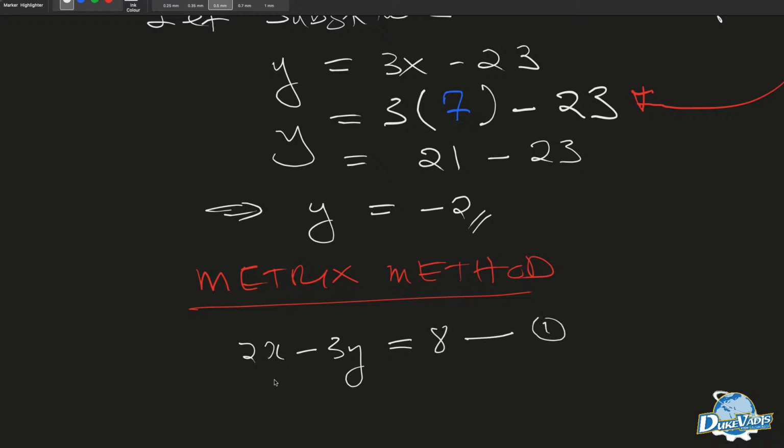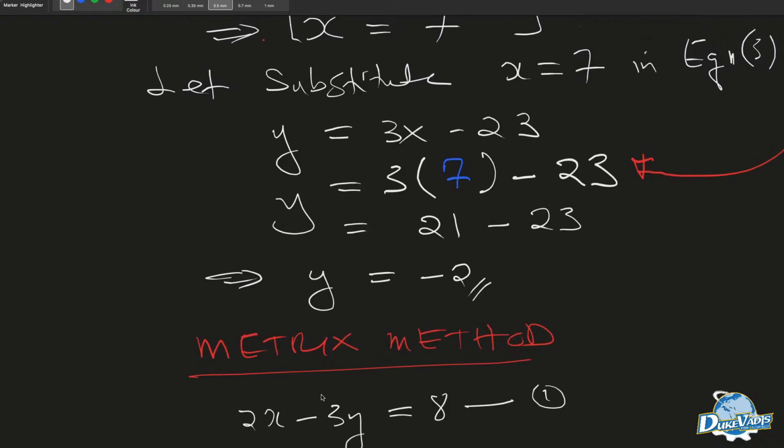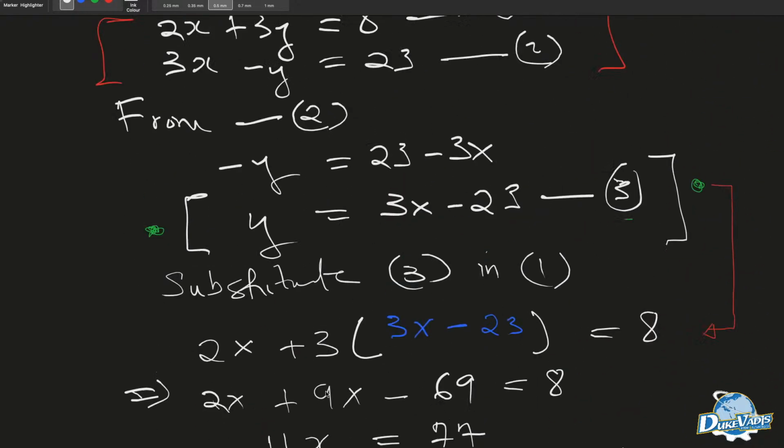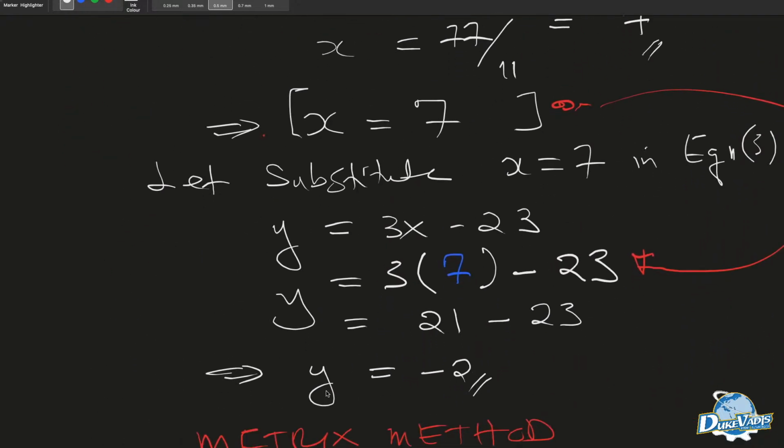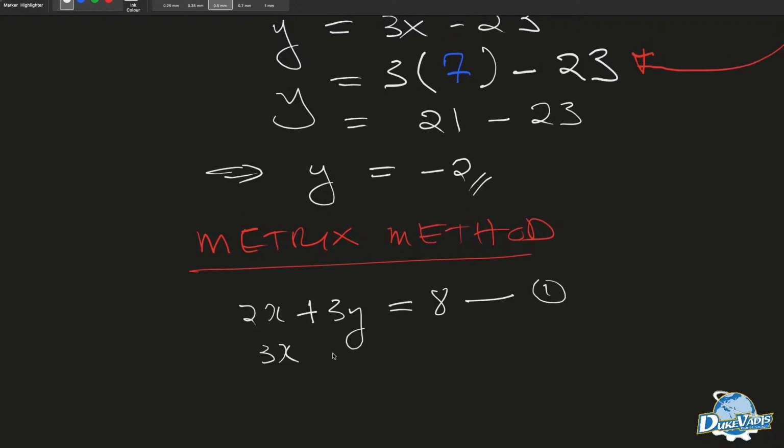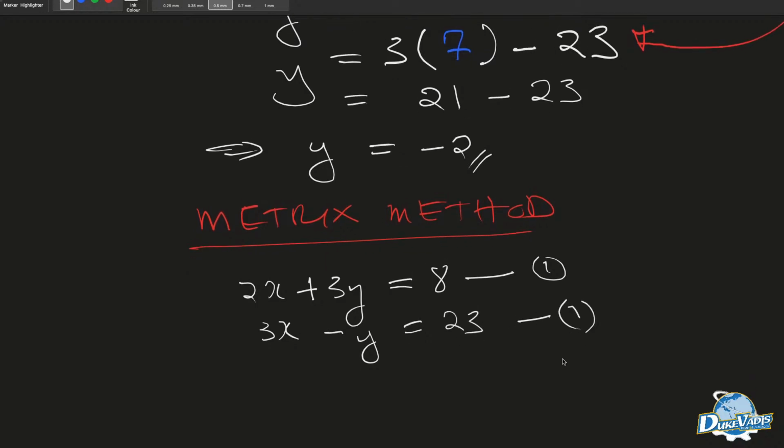Then our next one is the 3x minus, let's go back and refer to the equation. The first equation, see this is plus, and this is minus y is equal to 23. So the first thing we have to do is put this in the form of a matrix.